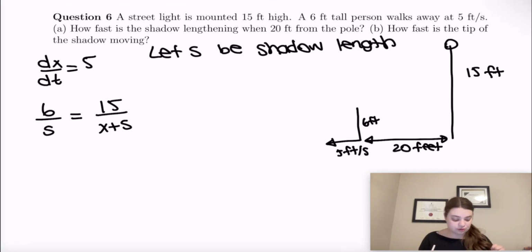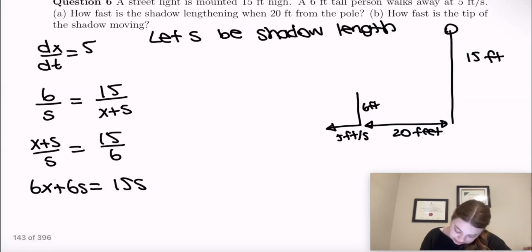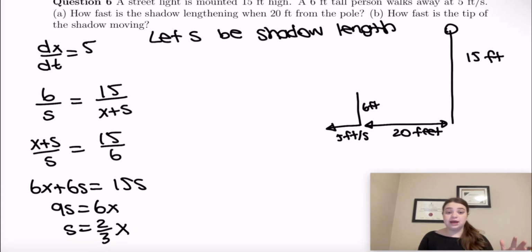If I cross multiply, I get that x plus s over s is equal to 15 over 6, and we want to solve for s here. So 6x plus 6s is equal to 15s, which means that 9s is equal to 6x, and therefore s is equal to 2/3 x. Great, now we have s in terms of x, which is what we need.